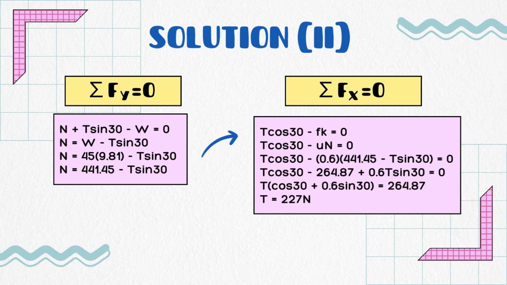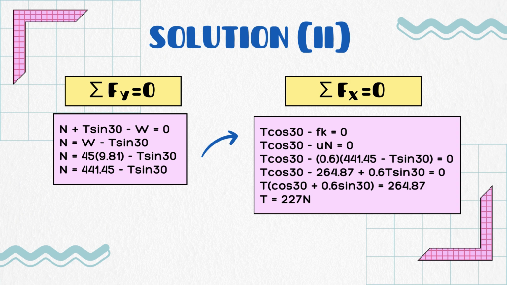Just leave it there. Next, you need to find the summation of Fx equal to 0. Why is Fx equal to 0? Because based on the question, there is a keyword, constant velocity. So the force is constant, so the sum of Fx equals 0.